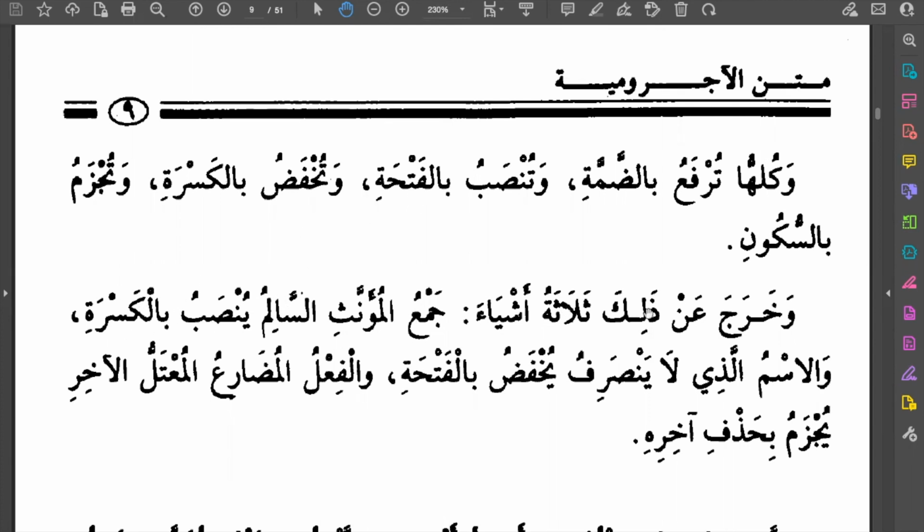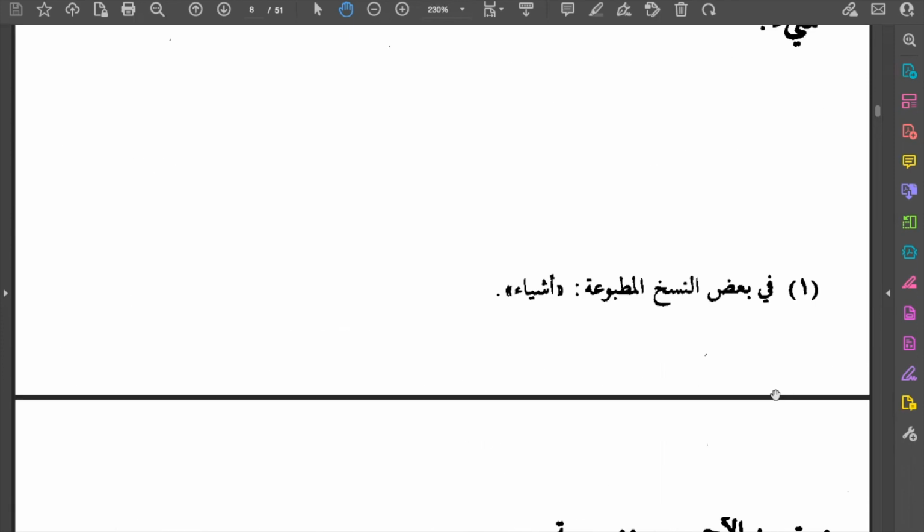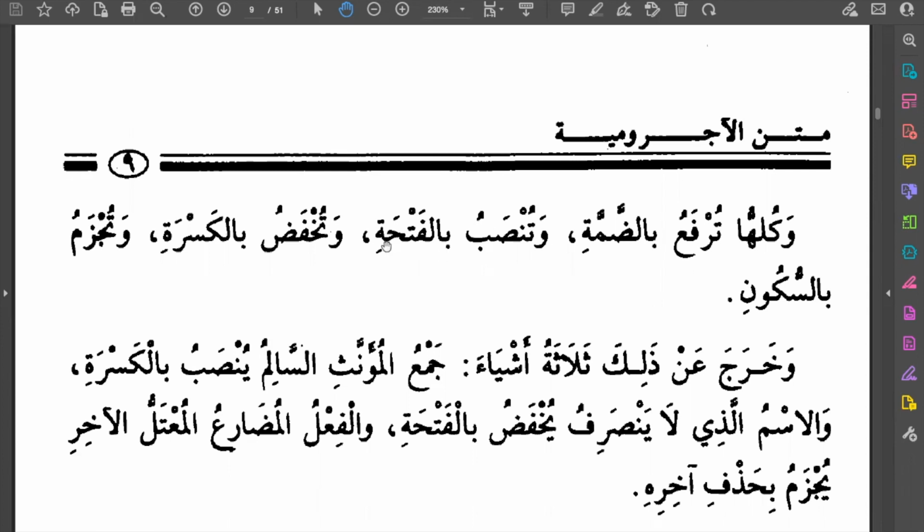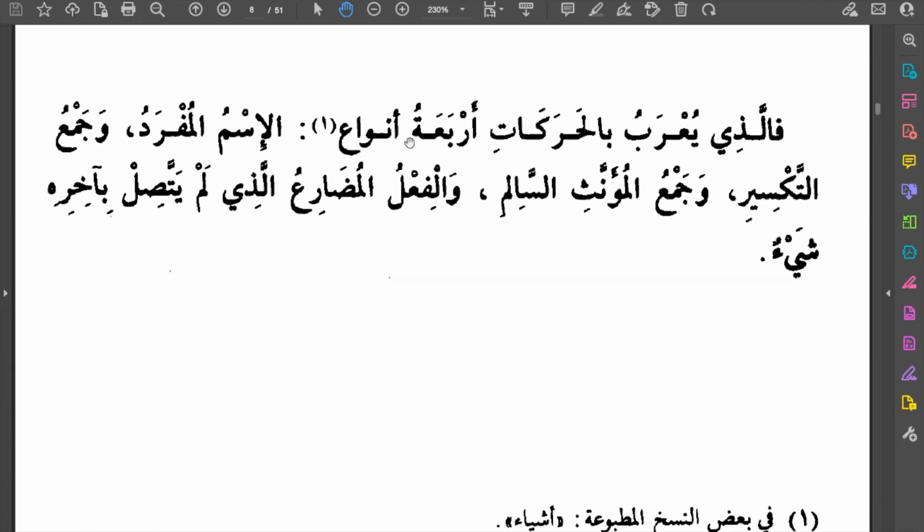So kharaja an dhalik. It left this general principle that we just mentioned, which is that kulluha, all of these, are turfa' with dhamma, tunsab with fatha. Kharaja an dhalika, three of these things mentioned here exited from this general principle.